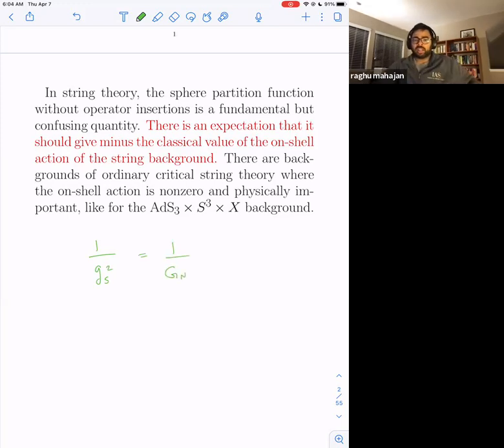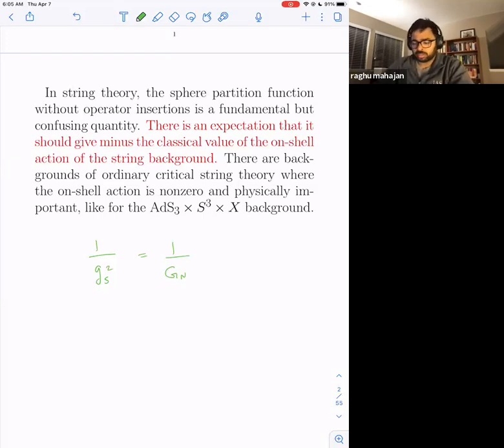So for example, in AdS3 times S3, the sphere worldsheet should compute the central charge of the dual CFT, which is a quantity of order 1 over G Newton. Or if you have strings moving in a Schwarzschild background, hopefully it can compute the Bekenstein-Hawking entropy and things like that.